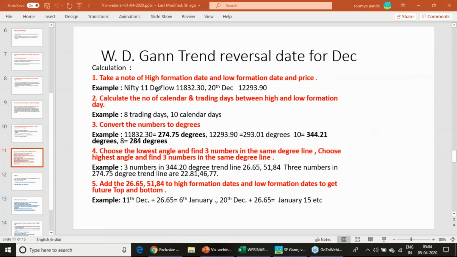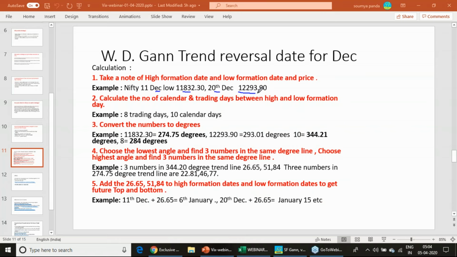What I am doing here, I have put in this PPT the month of December. On 11th December, the low of the Nifty was formed. Nifty spot data is being taken. On 20th December, the Nifty high is recorded in the previous month. We are in the month of January, so December 31st.